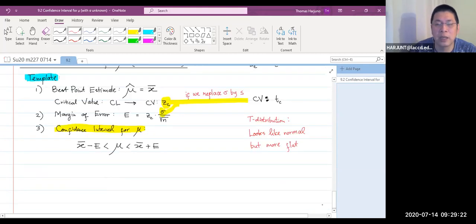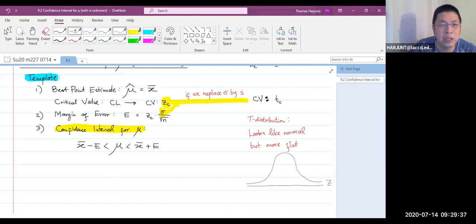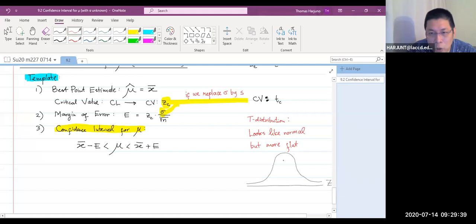So let's say this is the standard normal distribution. Now the T distribution is not as high here.